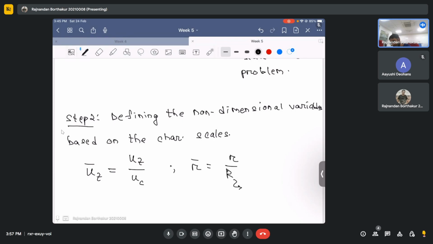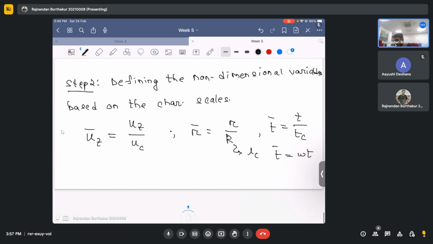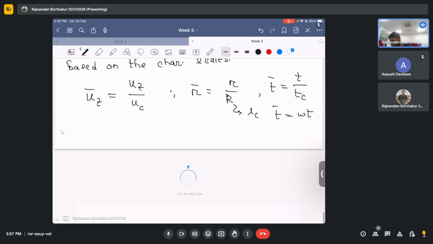And the non-dimensional time t bar would be t by tc. Tc is omega inverse, so t bar would essentially be omega times t. All right. So far, so good.